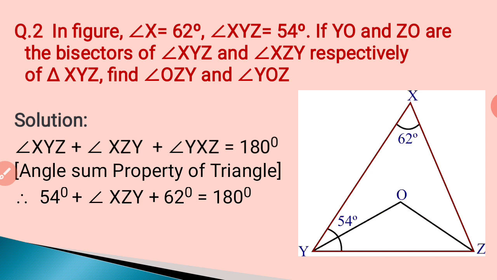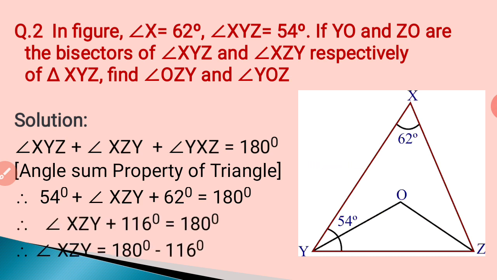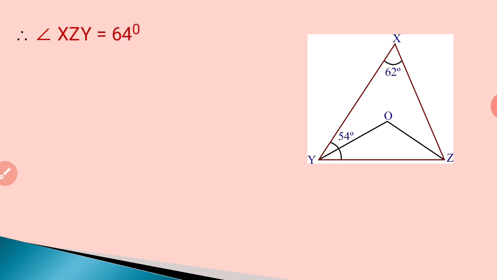We call it the angle sum theorem in 9th standard, so we'll be using both the terms. Let us now substitute the values and solve it further to get the value of angle XZY, that is, complete angle Z in triangle XYZ. Here we have got the value as 64 degrees.